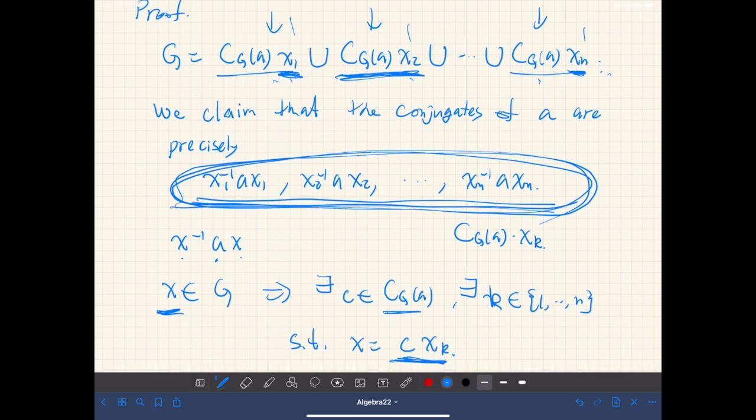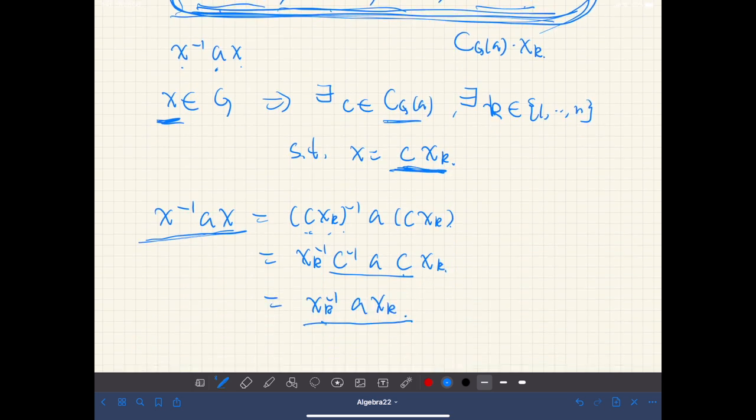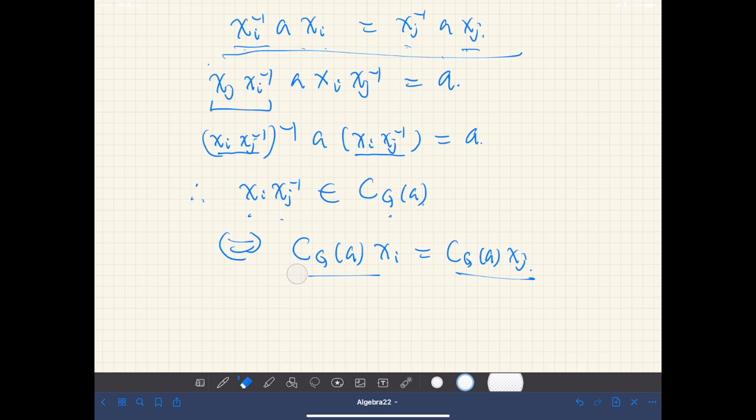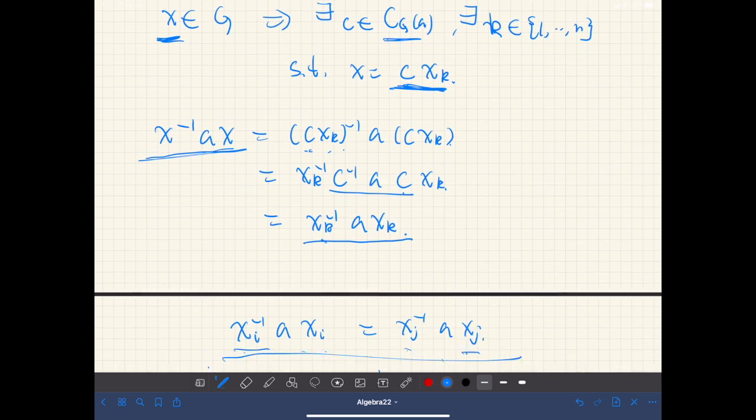That means if x1, x2 up to xn come from different cosets, then these elements must be different. Otherwise, we concluded that the cosets are the same. So all the conjugates are of this form, and they are all different. And we are done.